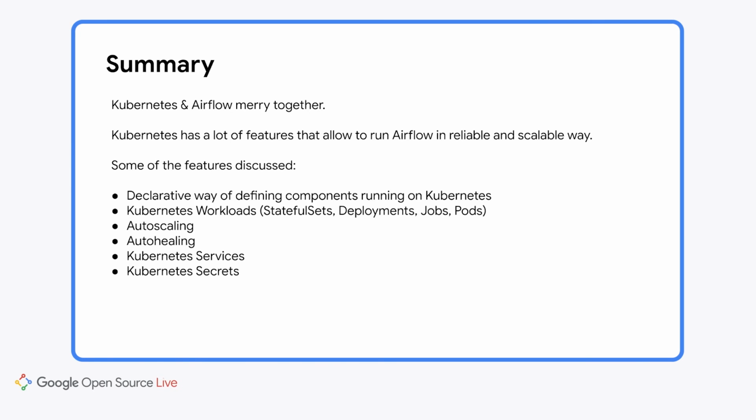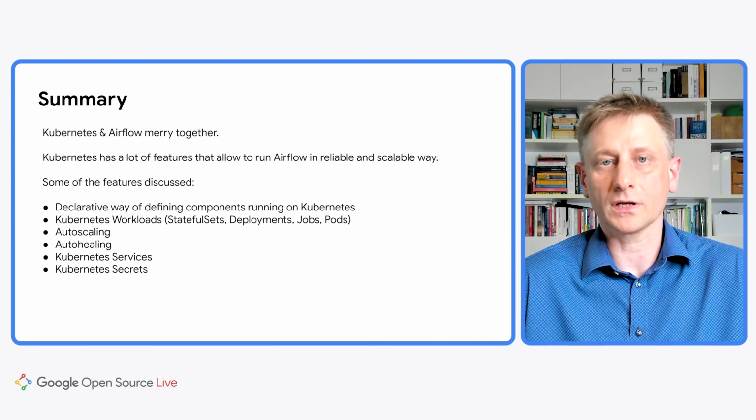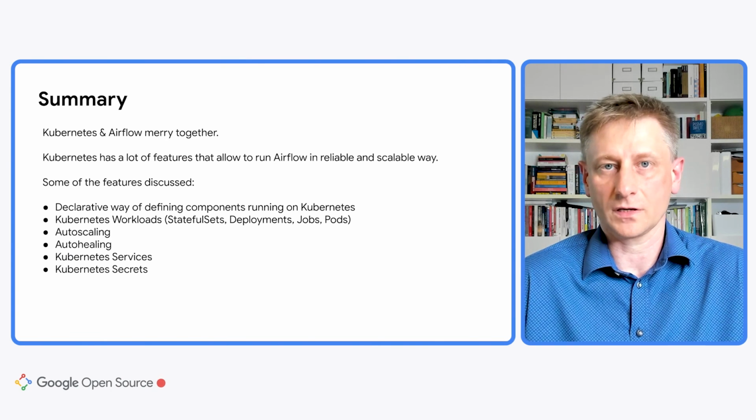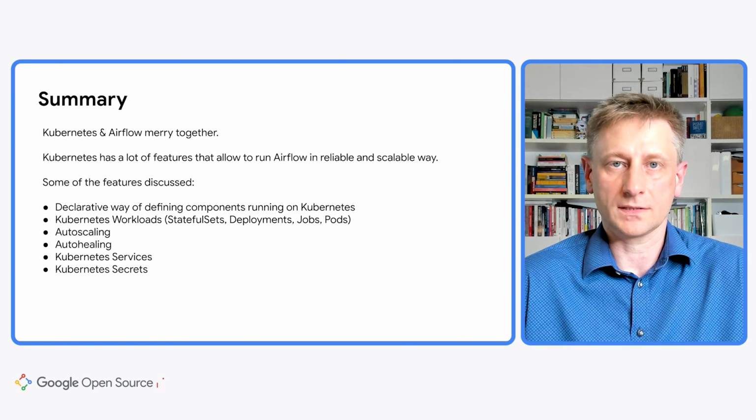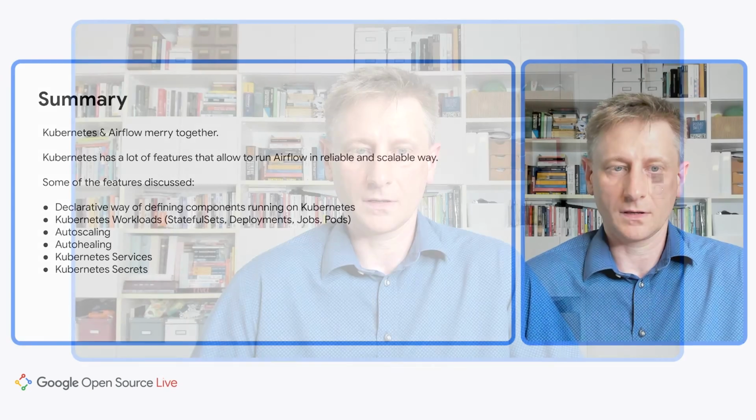Kubernetes services are used to load balance the traffic and provide permanent endpoints for Airflow components. And Kubernetes secrets are the way of storing the parameters of Airflow in a very secure, encrypted way. In this way, Airflow configuration is much safer.